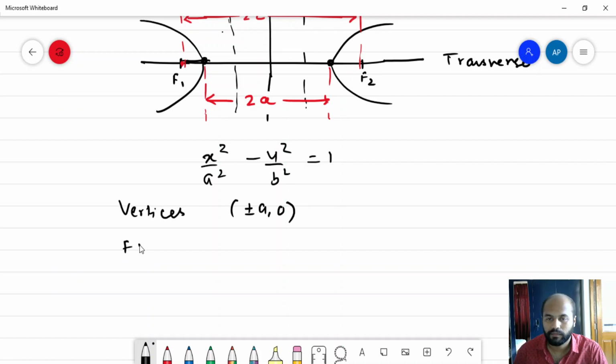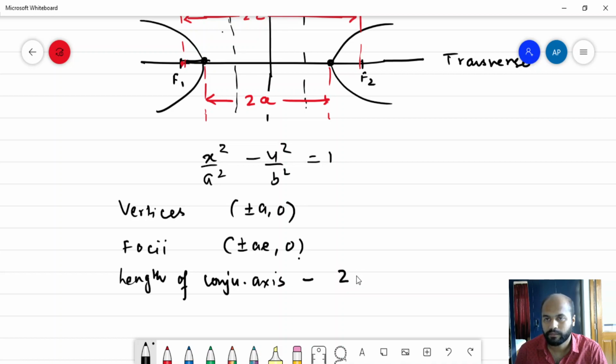The foci, however, are given as plus minus ae, comma 0. Not only that, the length of the conjugate axis is 2b, and the length of the transverse axis is 2a.